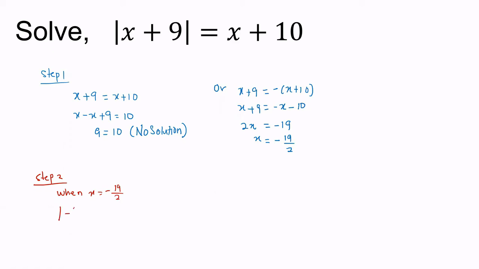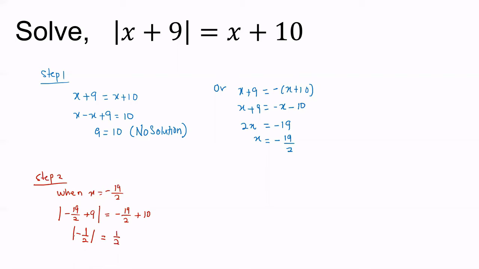So this is |x + 9| with x equal to minus 19 over 2, so minus 19 over 2 plus 9 equals minus 19 over 2 plus 10. All right. Now we're going to simplify it. Minus 19 over 2 plus 9, so we get the modulus of minus 1 over 2. And we simplify on the right, minus 19 over 2 plus 10, so we get 1 over 2.